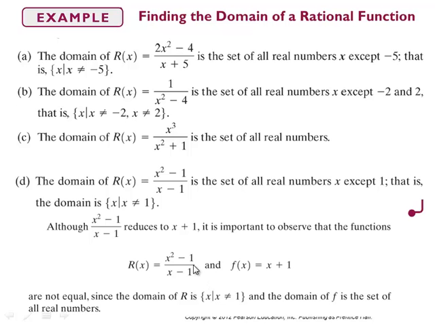For any other value of x, these two functions, the x squared minus 1 over x minus 1 and x plus 1, are exactly the same. The only difference between them is at x equals 1, where the little f of x is defined at x equals 1.